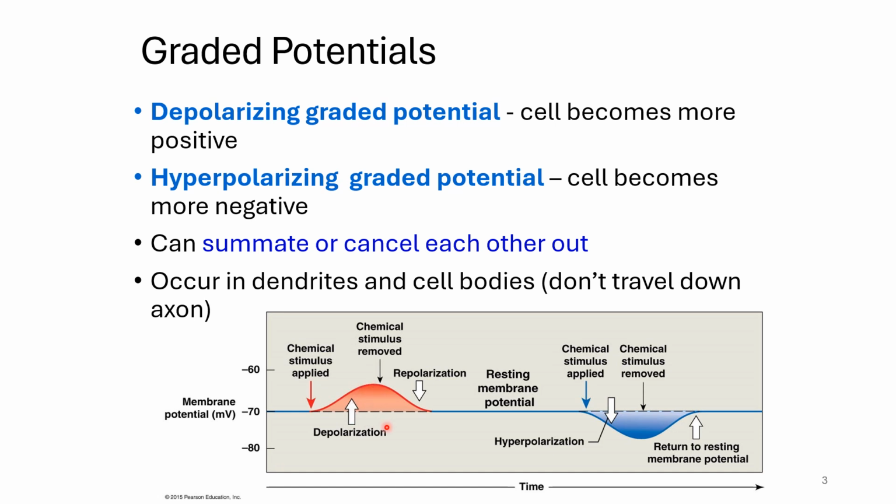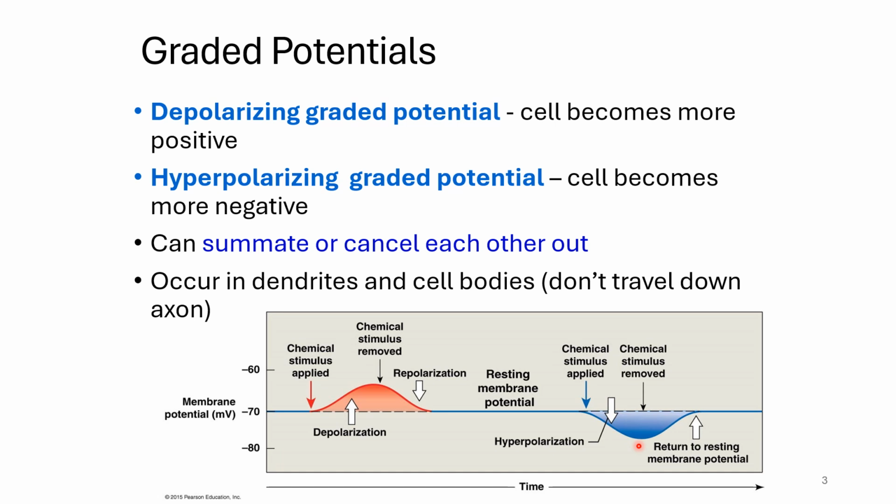So this is a depolarizing graded potential. It's causing the inside of the cell to become less negative or more positive, however you like to think about it. Over here we have a hyperpolarizing potential. In this case, the inside of the cell becomes more negative than the negative 70 it was at resting, so we're getting closer to negative 80.